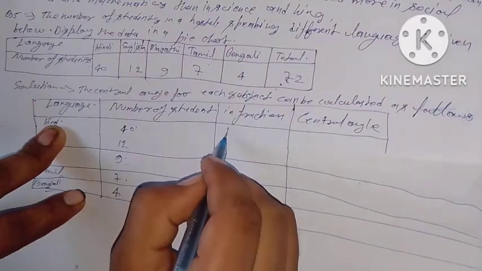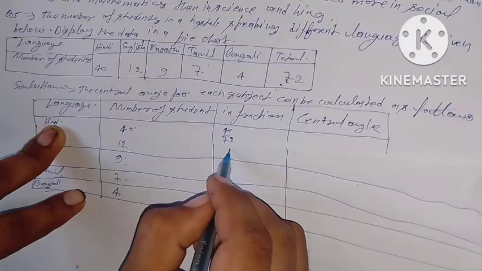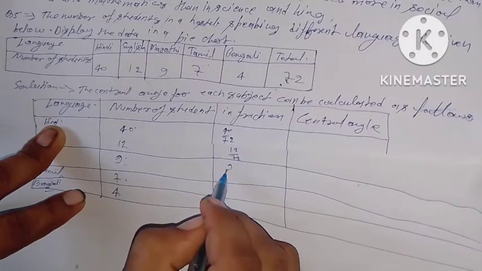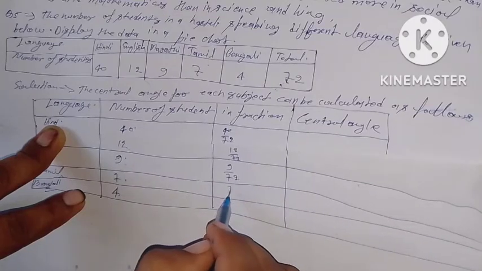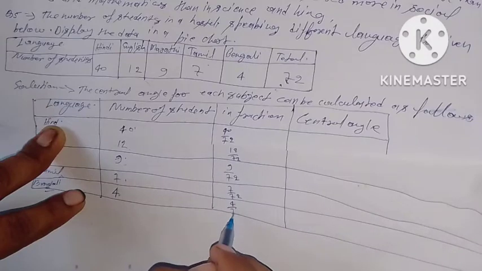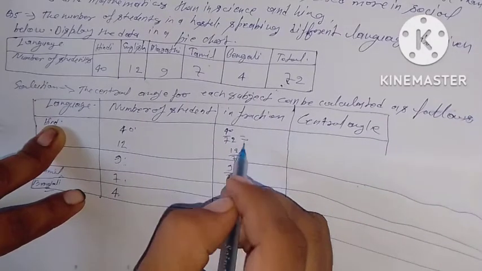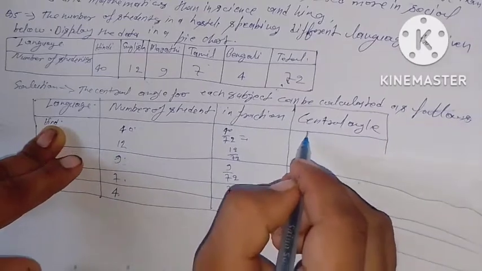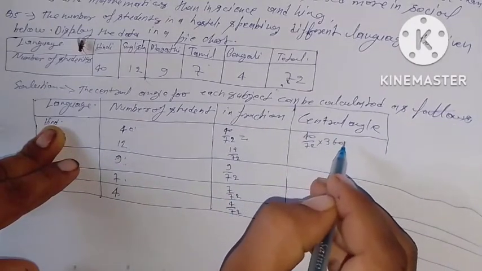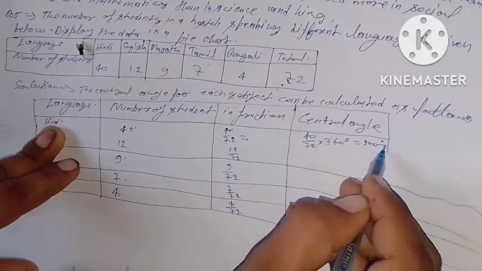So 40 upon 72, 12 upon 72, 9 upon 72, 7 upon 72, and 4 upon 72. This is for the central angle. 40 upon 72 multiplied by 360 degree equal to 200 degree.